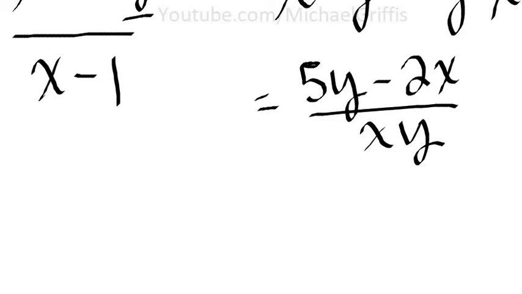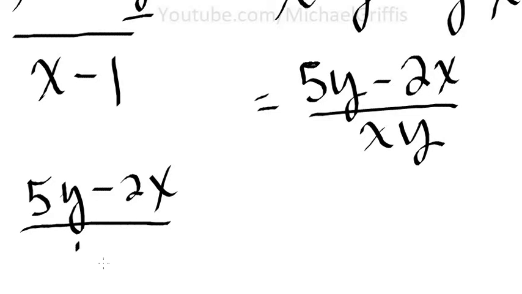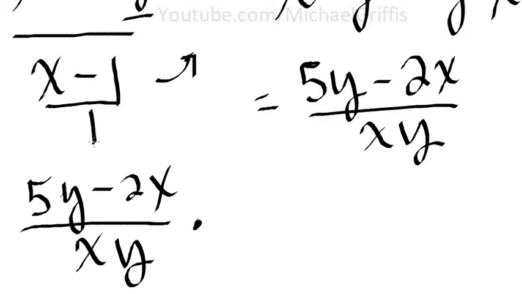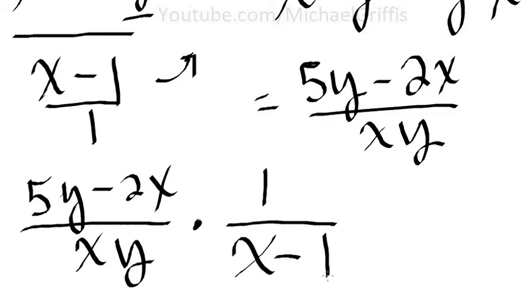So let's go ahead now and rewrite this as 5y minus 2x over xy times, right, so we're going to bring this to the right. We got to flip it, but we got to remember this is x minus 1 over 1. So when we flip it, it becomes 1 over x minus 1.